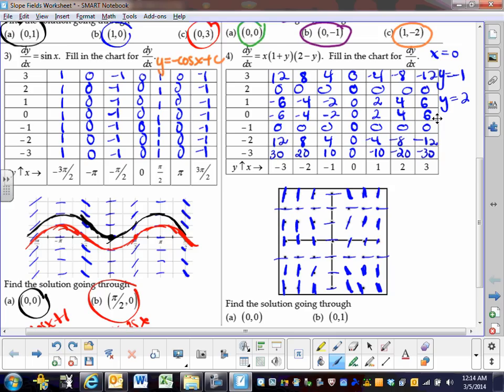So if you want a better idea of what's happening at your horizontal asymptotes, the way that this is curving around, you could do a value in between, such as one at y equals negative a half. So if we had y equals negative a half, we would have x times 1/2 times 5/2, or x times 5/4.